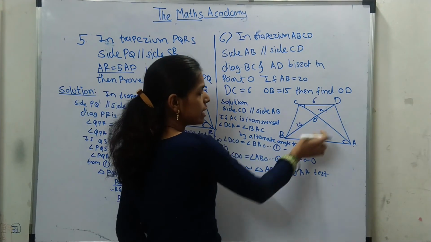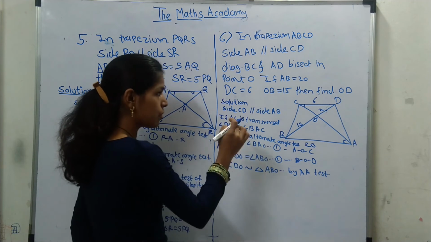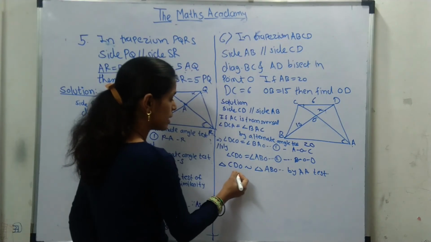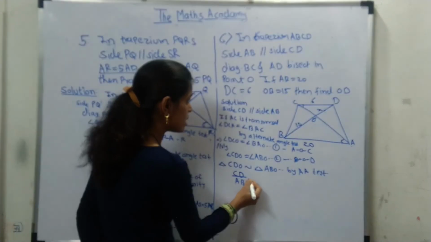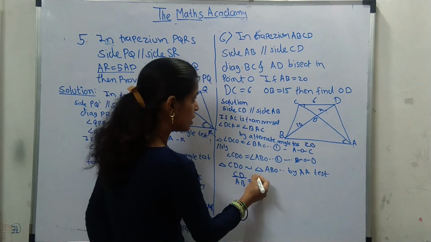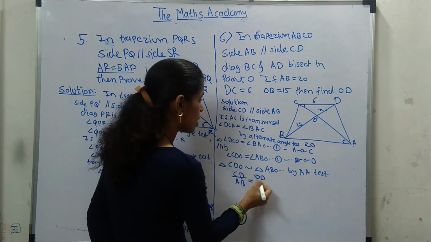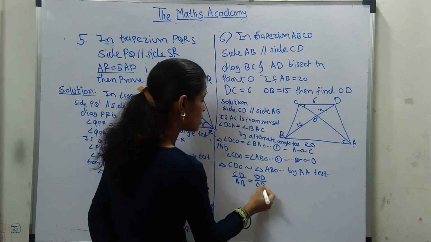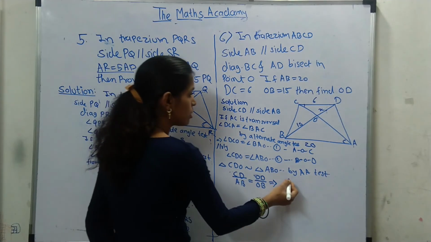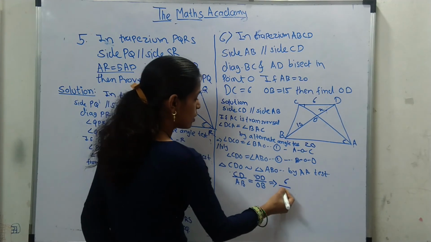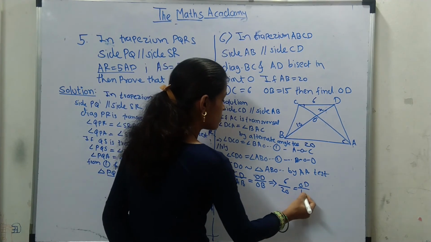Now we need only side CD, side AB, side OB and side OD. So we will write here only those sides, that is CD upon AB is equal to OD upon OB. Now substitute the values that you have given. This implies that CD is equal to 6, AB is equal to 20, OD we have to find, and OB is 15.